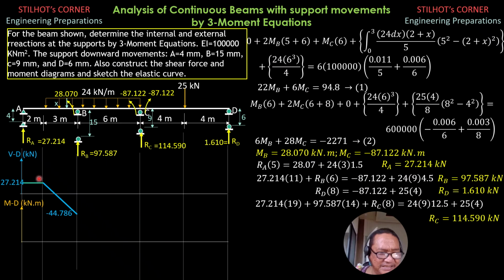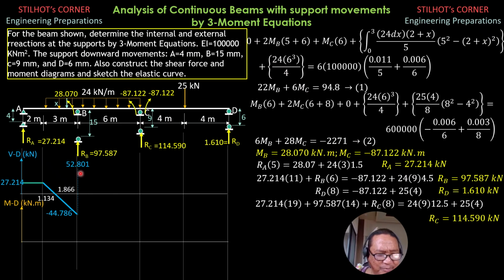The negative 44.786. This distance where shear is 0 is determined by similar triangles, or the shortcut is 27.214 divided by w, which is 24. That's 1.134 meters. So this distance is 3 minus 1.134. That's 1.866 meters. Then negative 44.786 plus 97.587, we go up, and it is equal to 52.801.